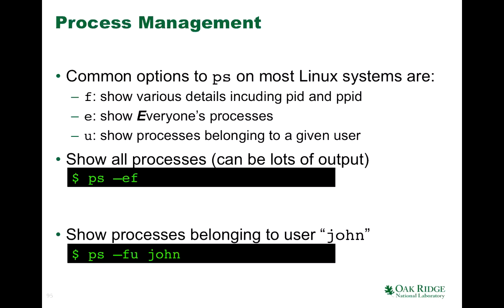If you're using several different options, sometimes it lets you put those together. So in these examples where I have everything together after the one dash, you could just as easily run ps -e space -f or ps -f space -u space John. Those would be equivalent. It allows us to use this shorthand sometimes just to save keystrokes.